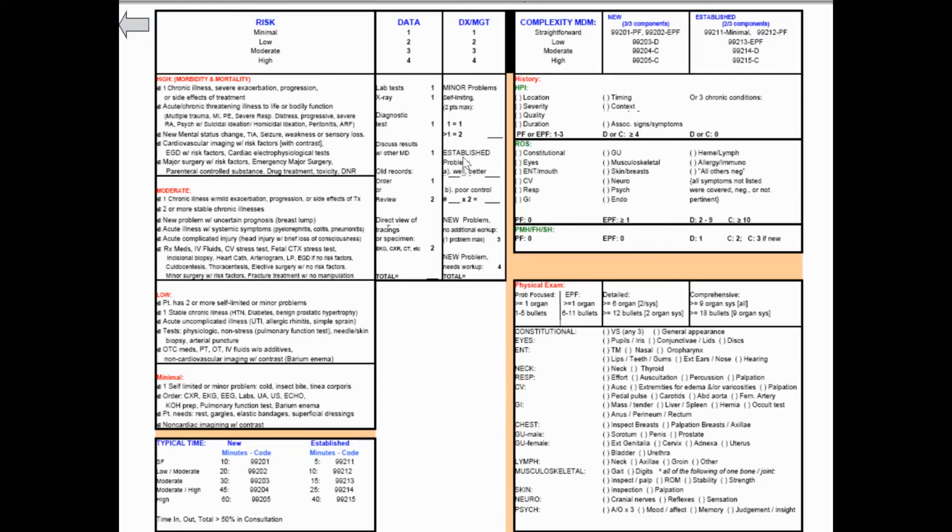For established problems, if they're doing well, you get yourself 1 point. If they are not stable, you get yourself 2 points. And there may be a typo here because there should be the number 1 here. But just know that for established problems, you get 1 point. For problems that are poorly controlled, you get yourself 2 points. Again, an established problem, well controlled, 1 point. Established problem, poorly controlled, 2 points.